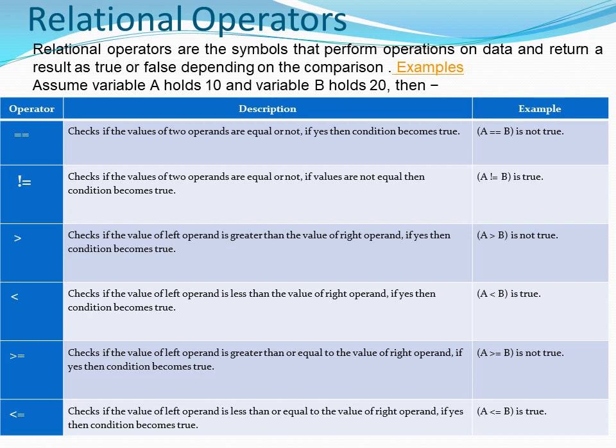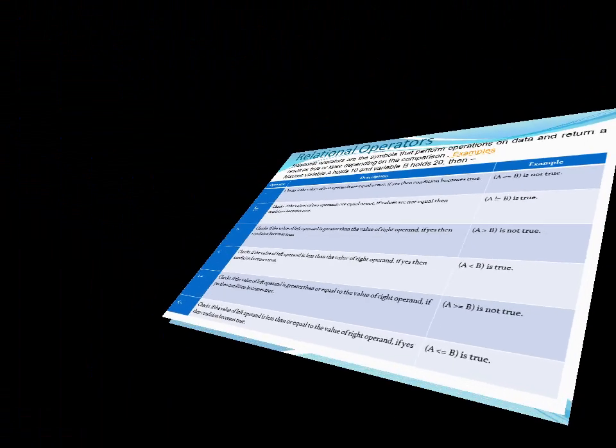Greater than equal to checks if the value of left operand is greater than or equal to the value of right operand. If yes, then the condition becomes true. And last is the less than equal to, checks if the value of left operand is less than or equal to the value of right operand. If yes, then the condition becomes true.